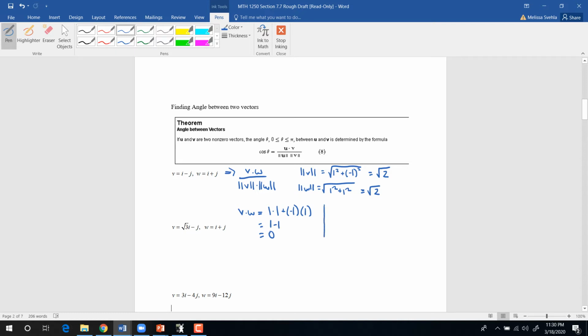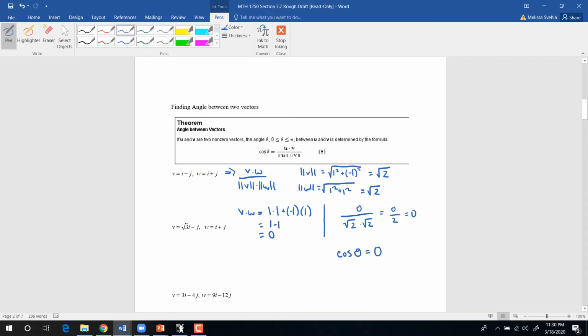So this is 0 all over square root of 2 times square root of 2 equals 0 over 2, which is 0. So just remember, cosine of theta is equal to all of that.